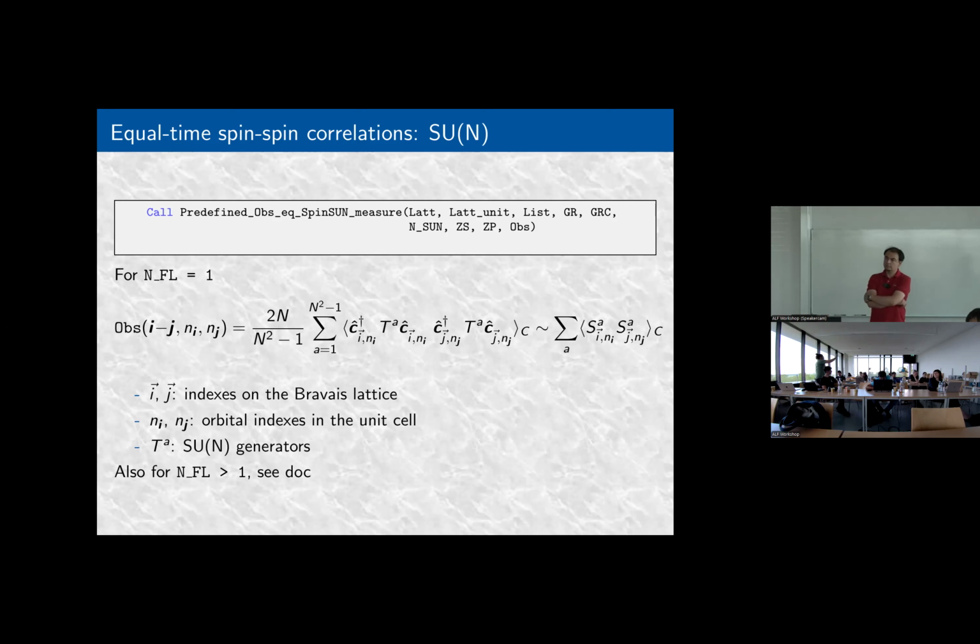Maybe you could do it better. I think all the default observables that we have at the moment, when there are time displacements, they measure time displaced Green's functions and keep all the information, just like Bakir was saying.